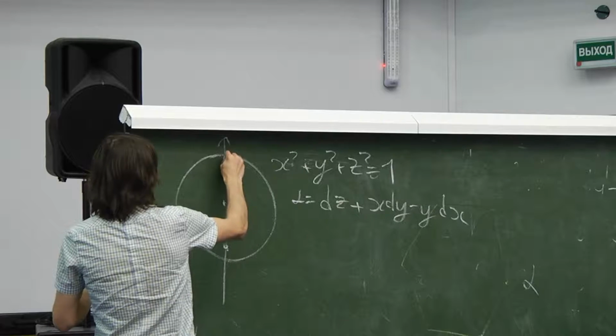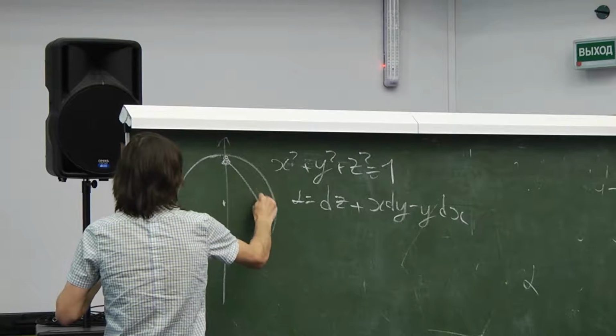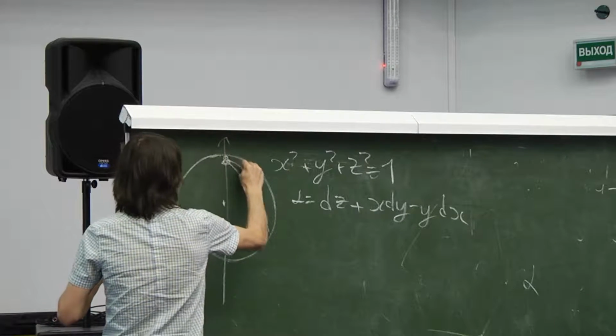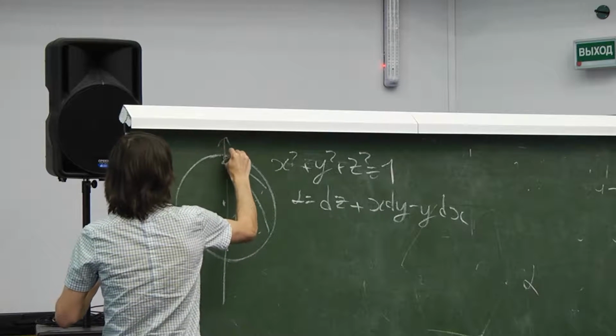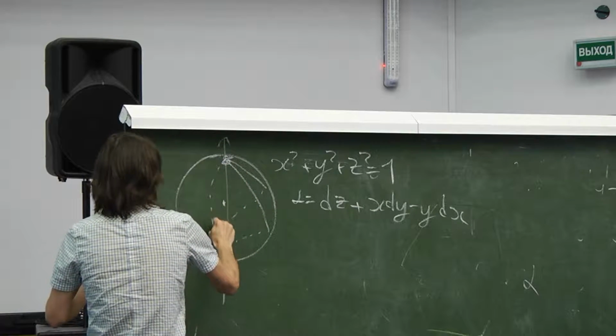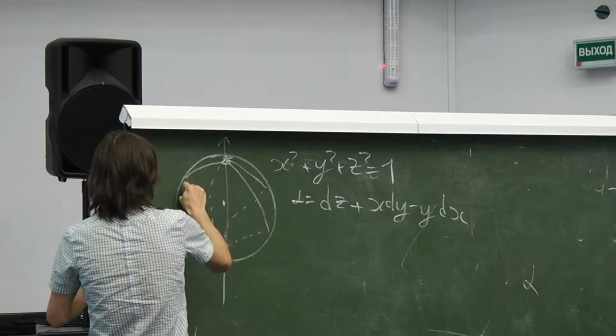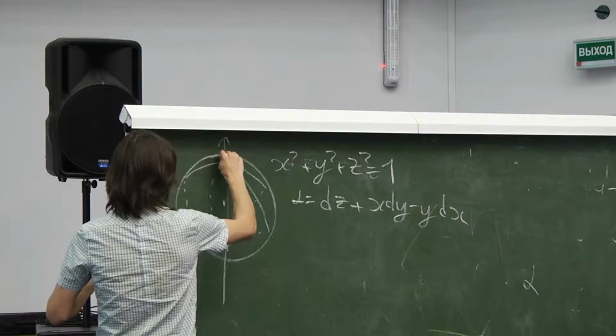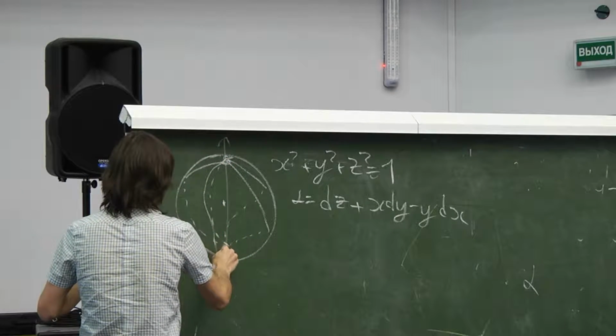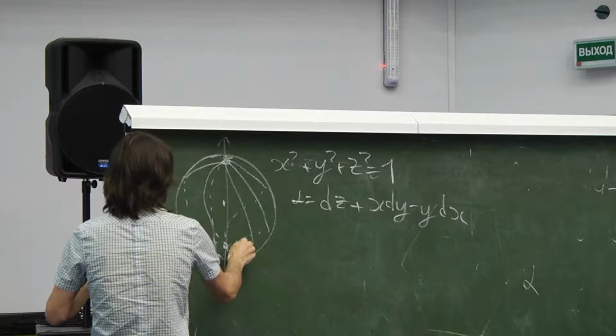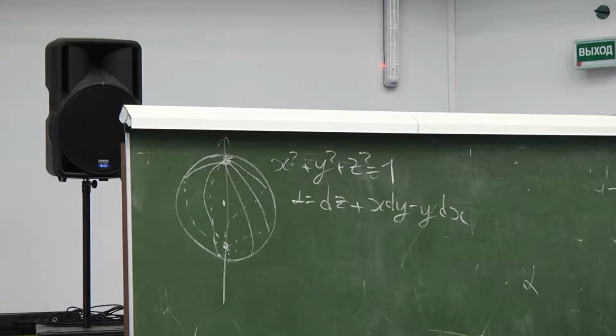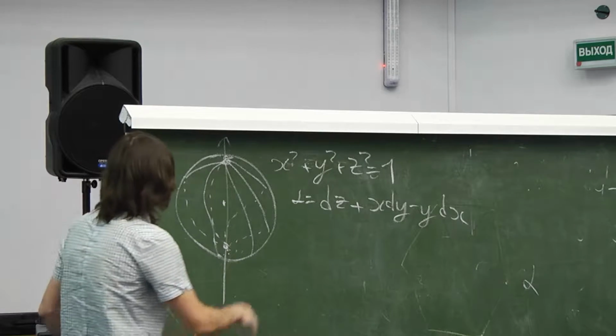The foliation will be like this. Some curved meridians.